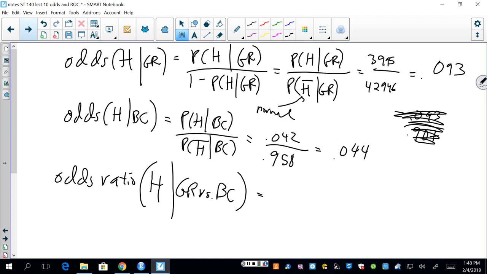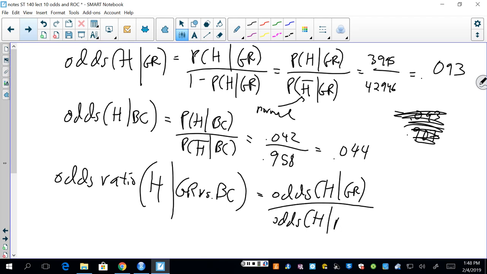So it's the odds of hip dysplasia among the golden retrievers over the odds of hip dysplasia among the border collies. So 0.093 over 0.044, and it's 2.11. So the odds of hip dysplasia are about twice as high among the golden retrievers.